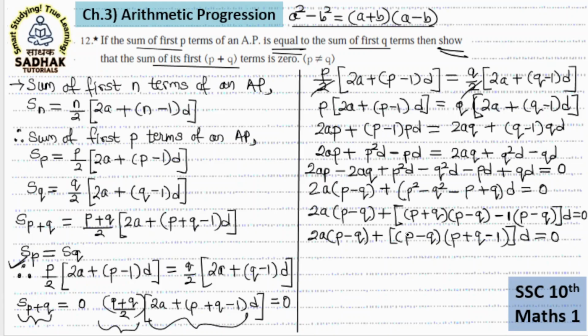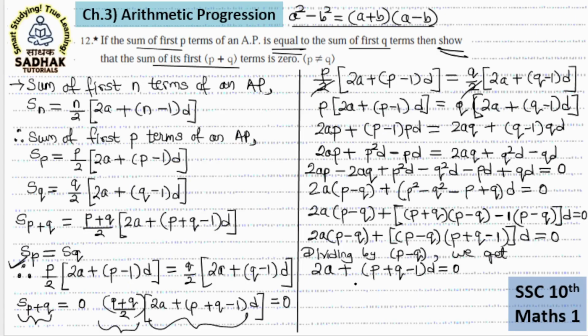Now here also we have p minus q and here also we have p minus q. So dividing by p minus q, what do we get? If we divide by p minus q, then p minus q gets cancelled here, only 2a remains, plus here also p minus q will get divided, so we will get p plus q minus 1 multiplied by d is equal to 0.